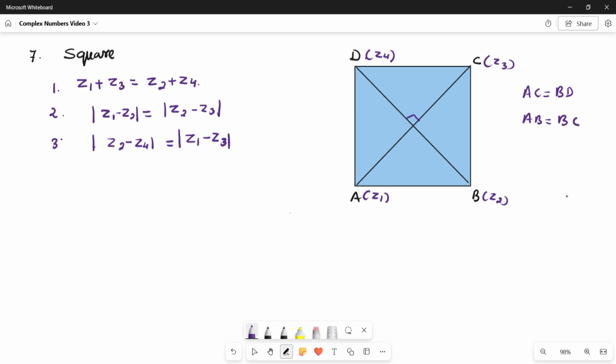And BC is equal to Z1, Z2, means AB is equal to Z2, Z3. AB is equal to BC. So these are the three conditions we must remember in the squares.